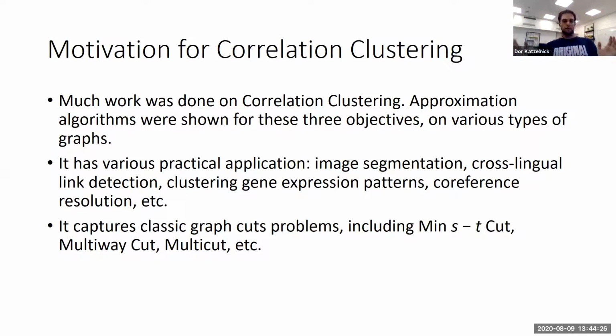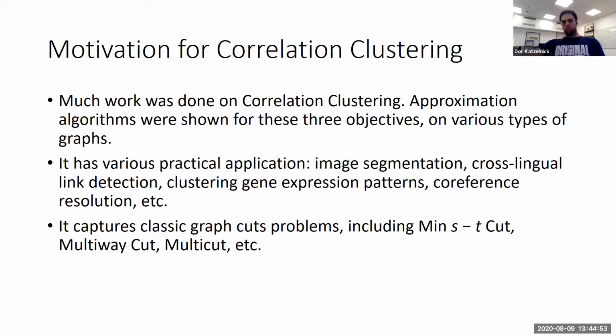It also has some practical applications like image segmentation, cross-lingual link detection, clustering gene expression patterns, and so on. And it also covers some classic graph problems like min s-t cut, multiway cut, and multicut.